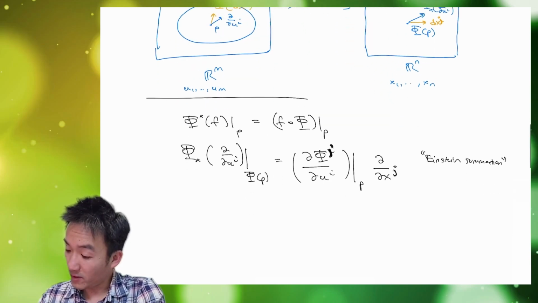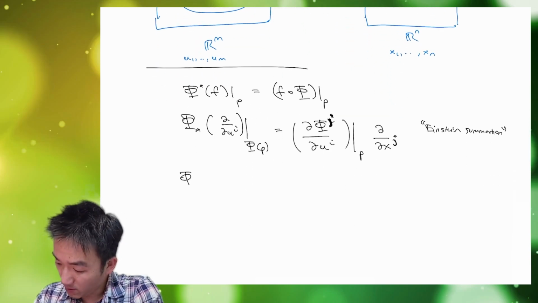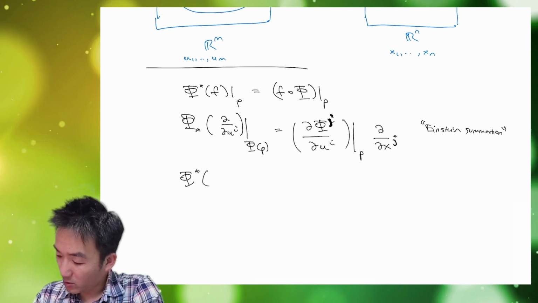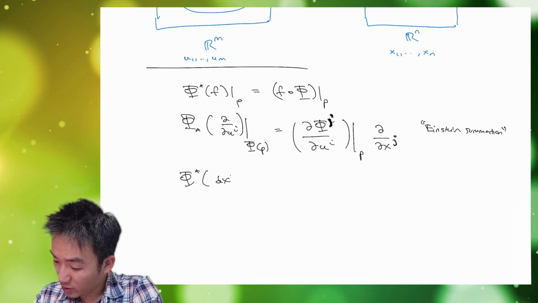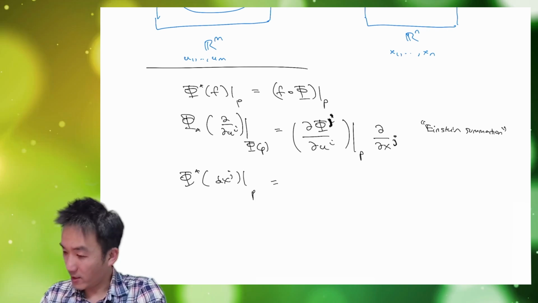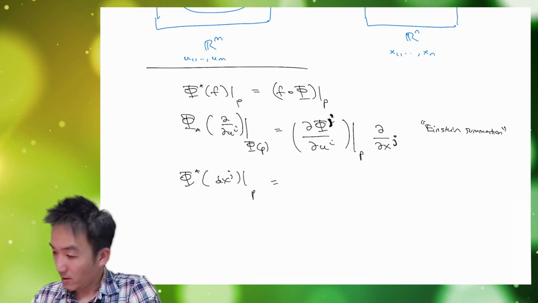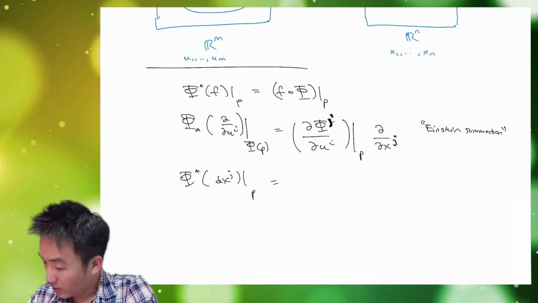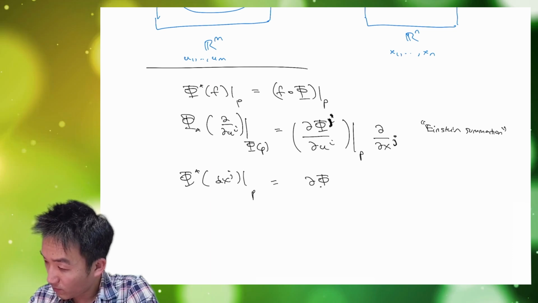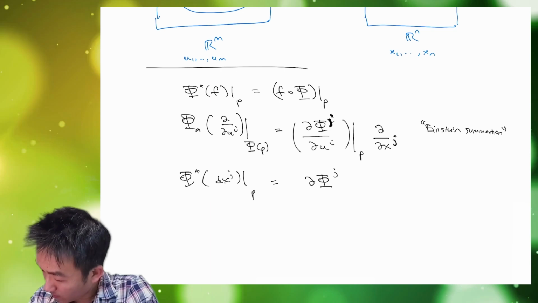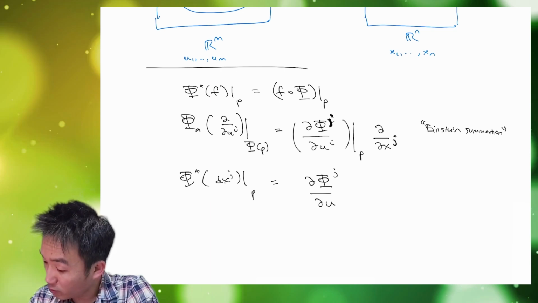What's the formula for that? I pull back this dx_j, which lives at phi(p). How do I compute that? That expression is going to be given by the following, also in terms of partial derivatives, but it looks slightly different.